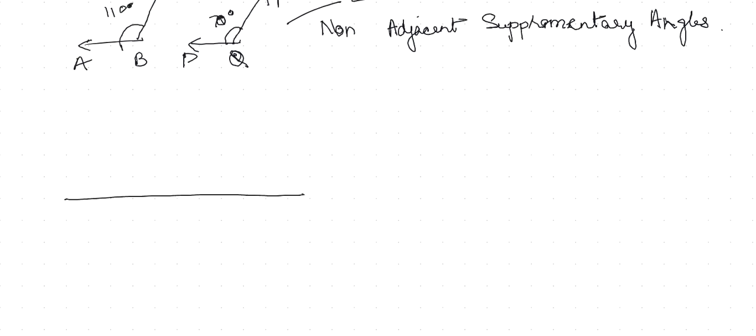They have one common side, and these are two adjacent angles forming a linear pair when the non-common sides are opposite rays. This is a common side.